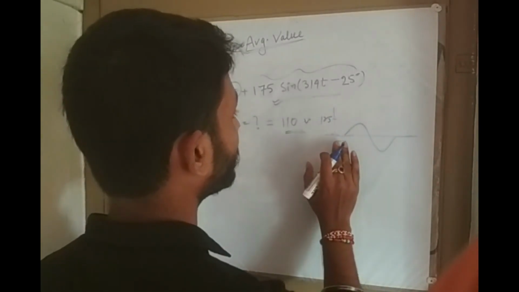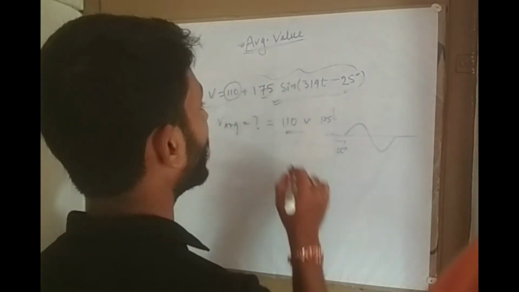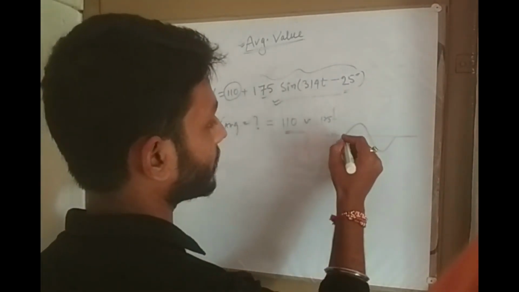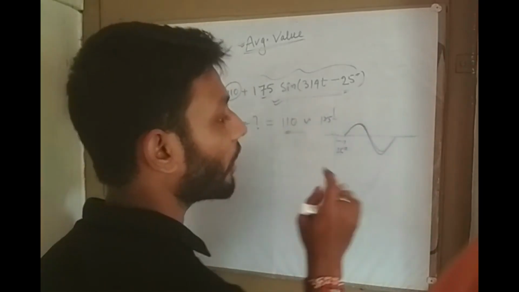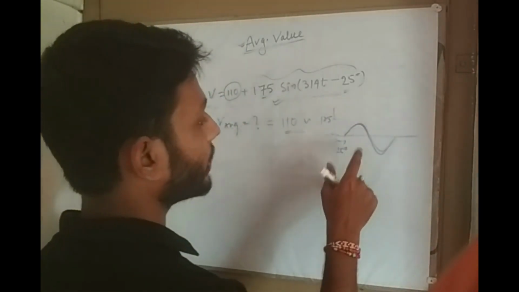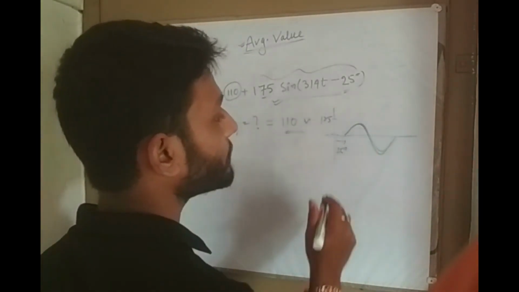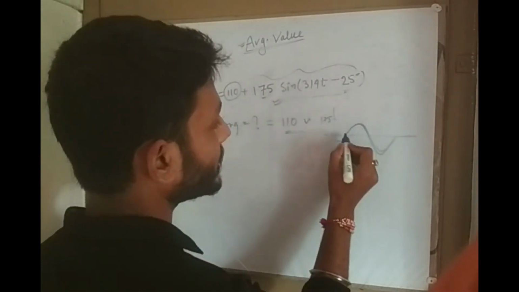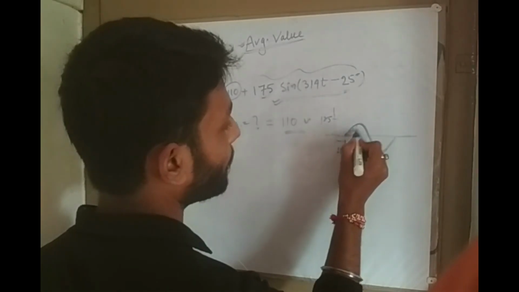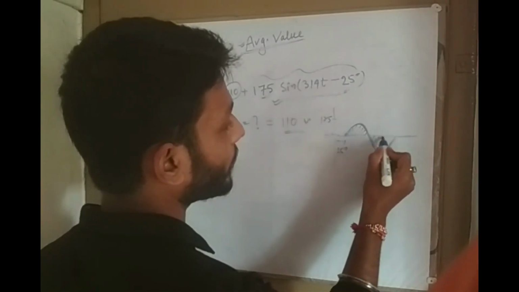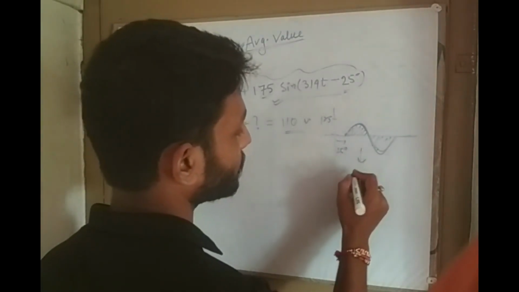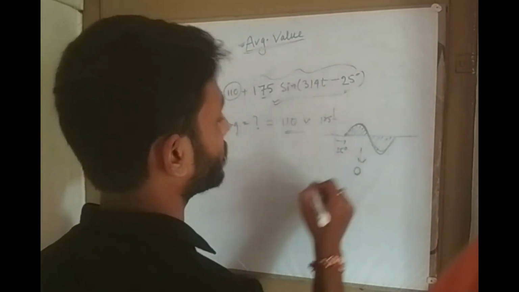Whatever the phase value or maximum value, the signal is sinusoidal. We have already discussed that for any symmetrical waveform the average value will be 0. For this sinusoidal signal, the upper part area and the lower part area are equal, so the average value will be 0.